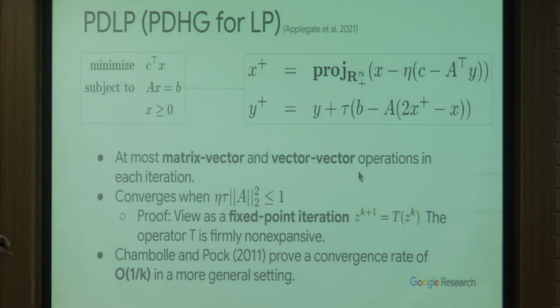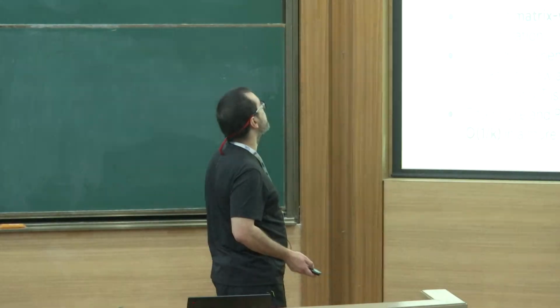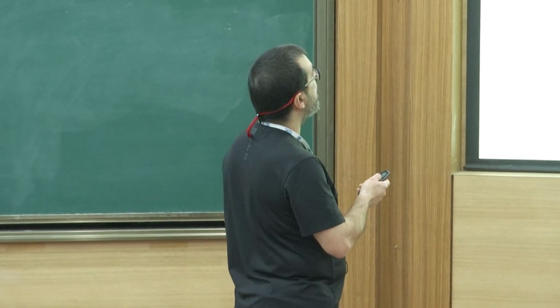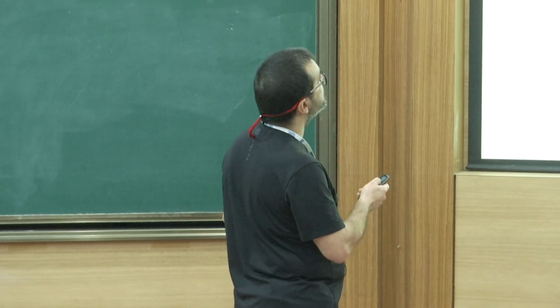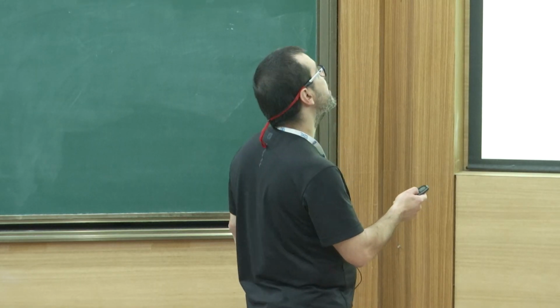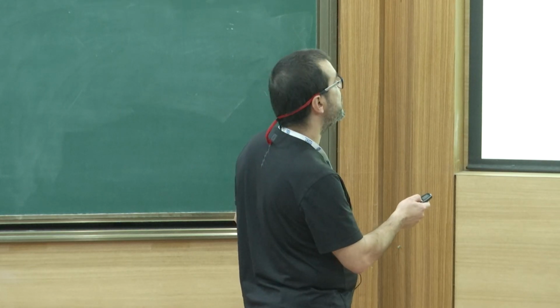So what is PDLP? This was a surprise. It is fairly new, 2021, and it should not work, actually. If you think about it, this is a first order method, very simple. The next point is just your dual times the transpose matrix, with some parameter, and you do a projection into the positive cone.